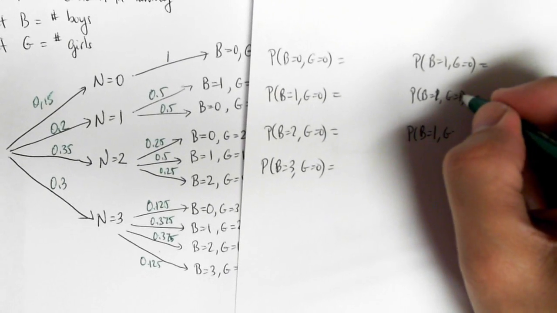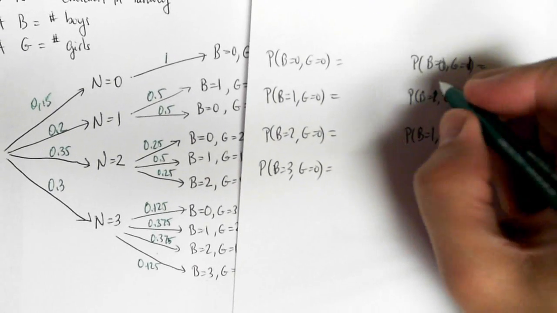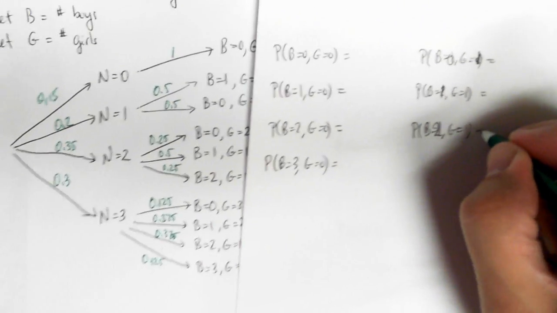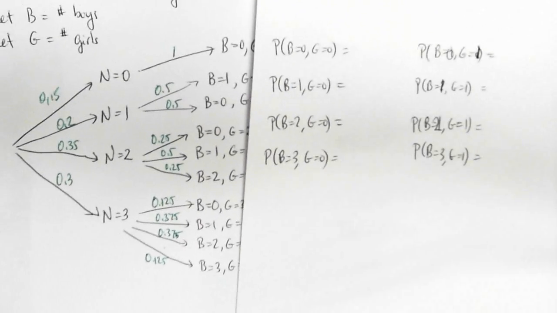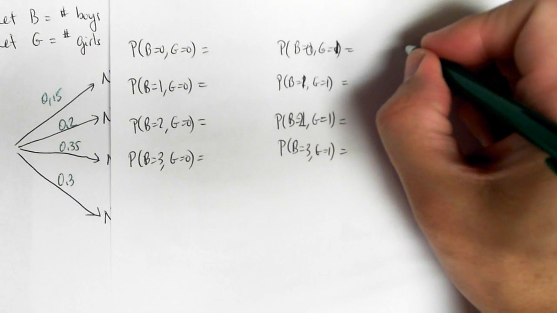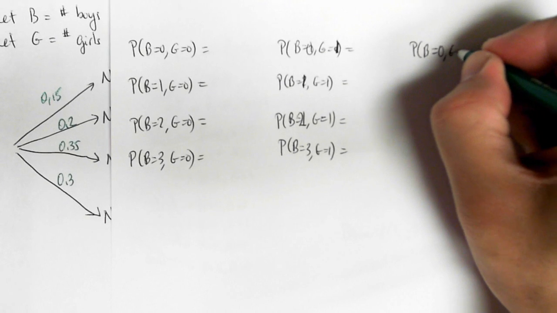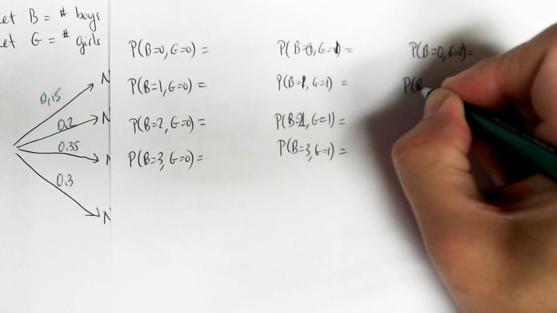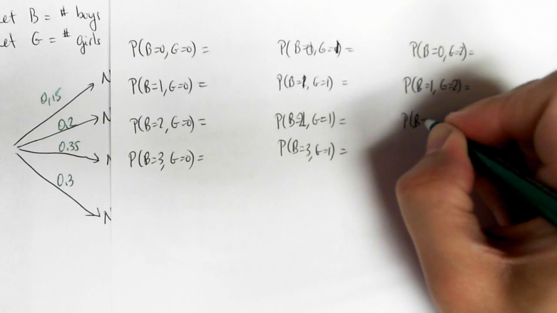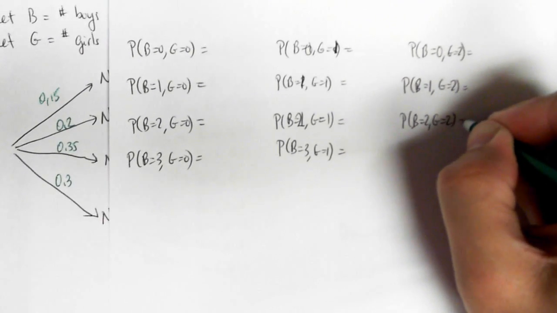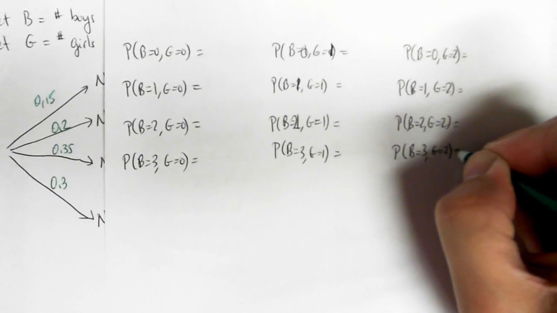Sorry, I got this backwards. I want to keep the number of girls fixed. So 1 girl here, here, and here: 0 boys, 1 boy, 2 boys, and then 3 boys, 1 girl. Continuing on, we need the probability of 0 boys, 2 girls; 1 boy, 2 girls; 2 boys, 2 girls; and 3 boys, 2 girls.